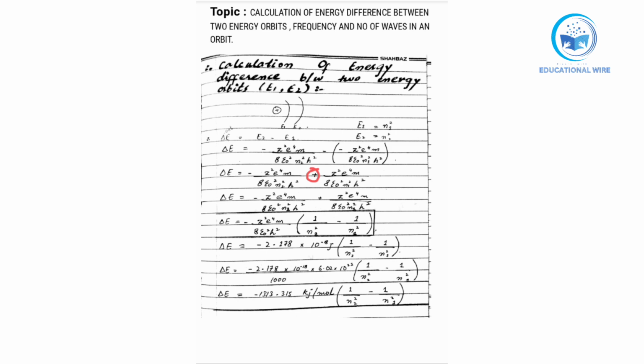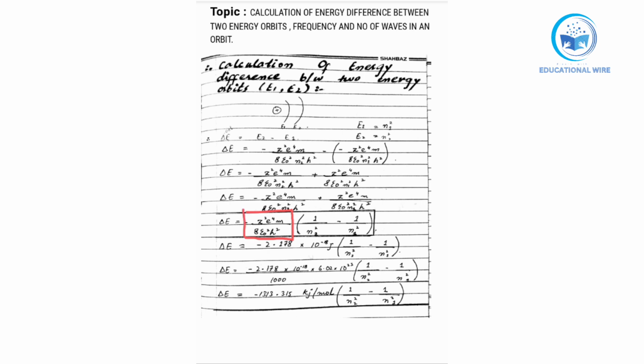After that we took the common factor, that is minus Z square e power 4 m upon 8 epsilon naught square h square, with the minus, and the remaining values we multiply with it to get this answer.